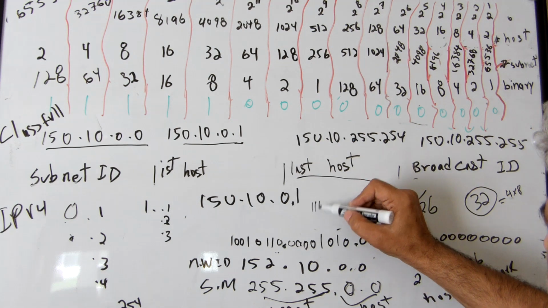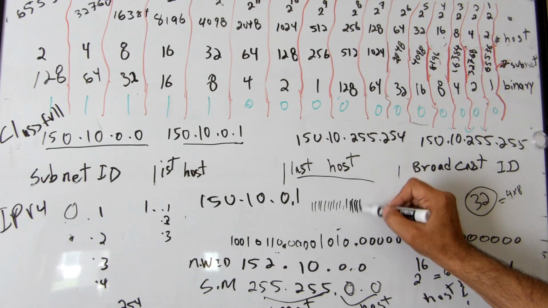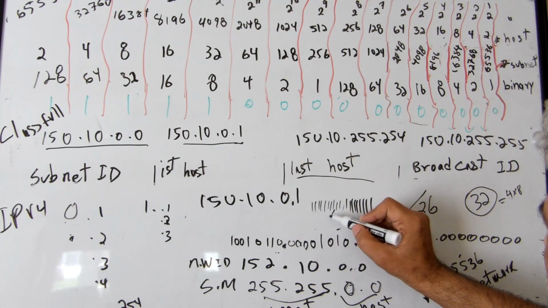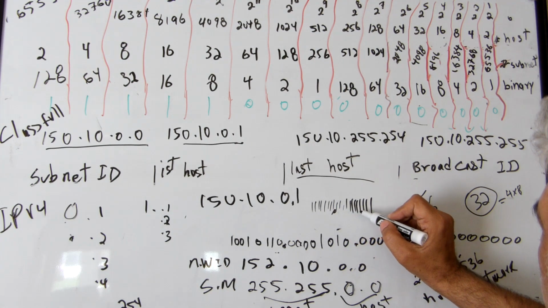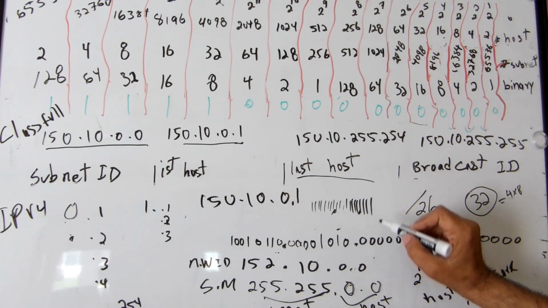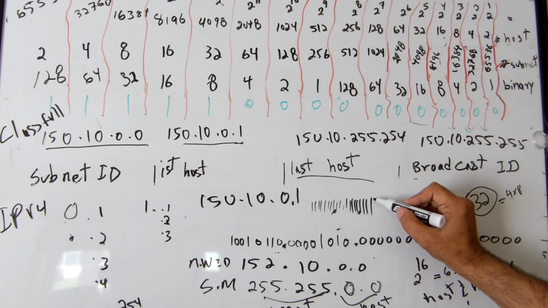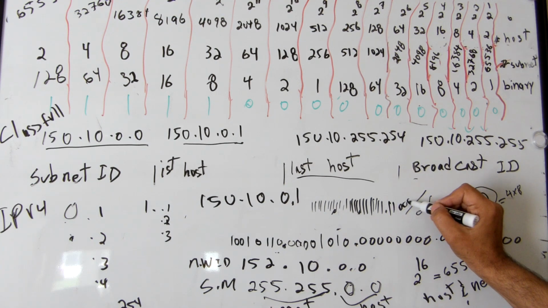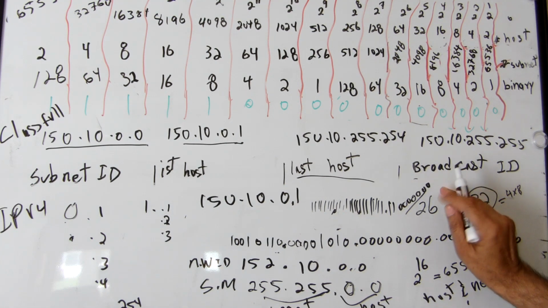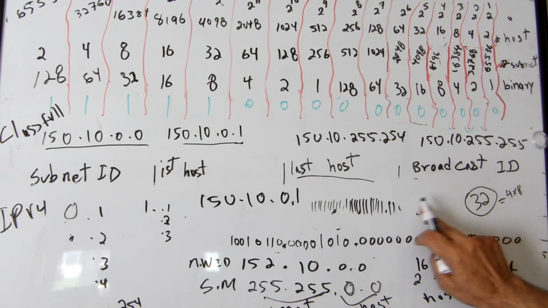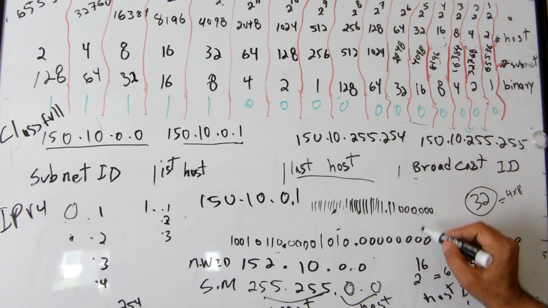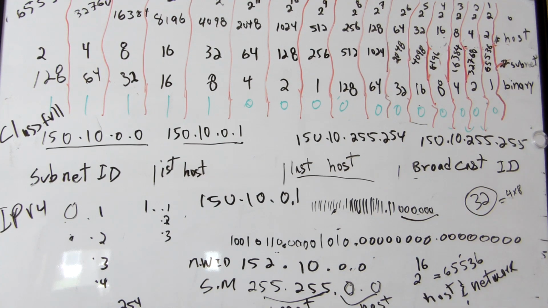So it's going to be 26 ones: 8, another 8 is 16, another 8 is going to be 24, and then 26, and then the rest is going to be zeros up to 32.